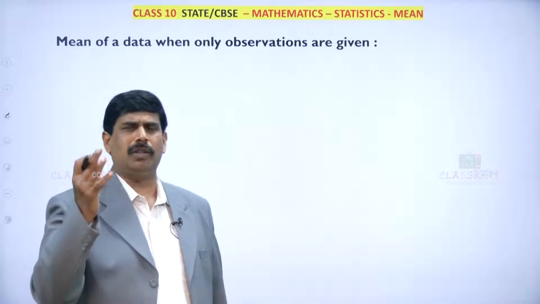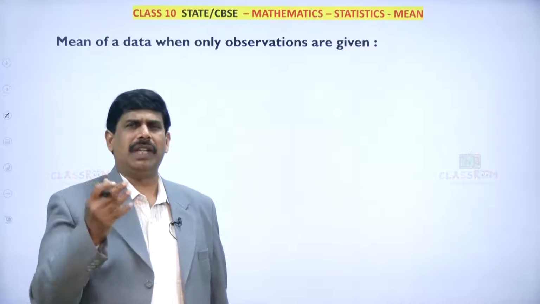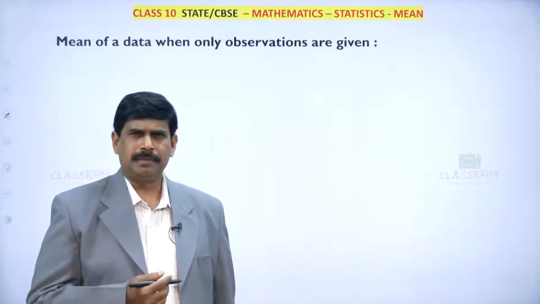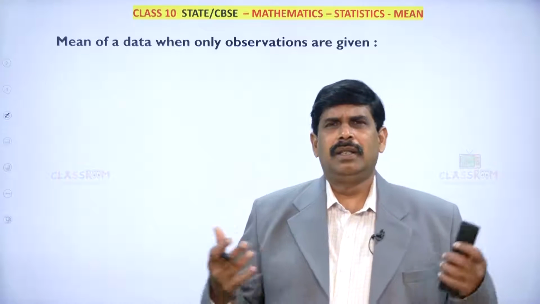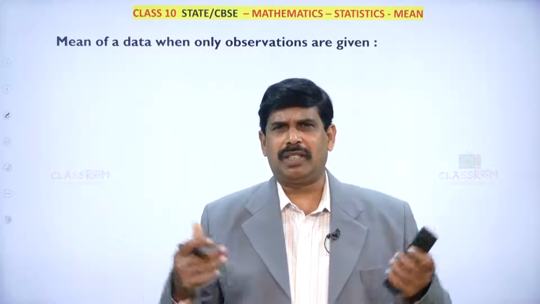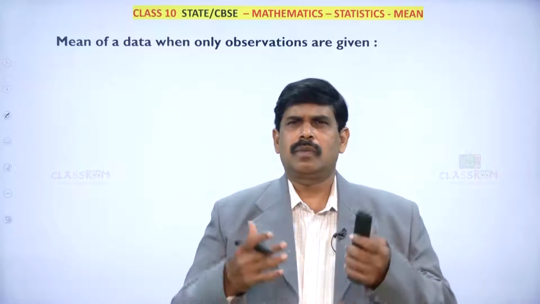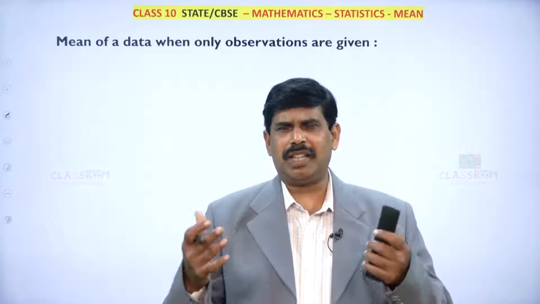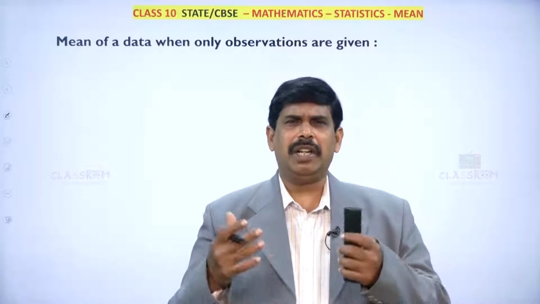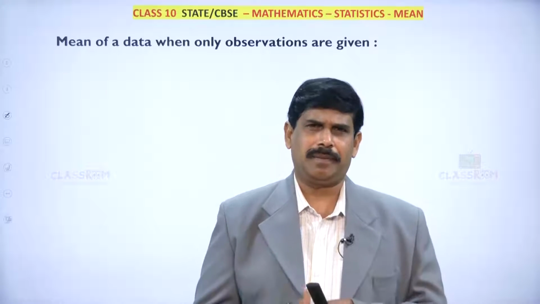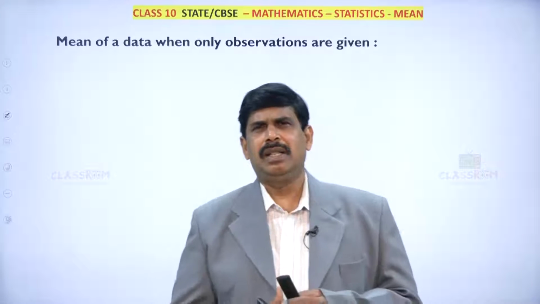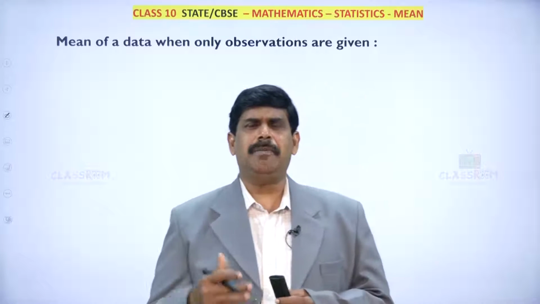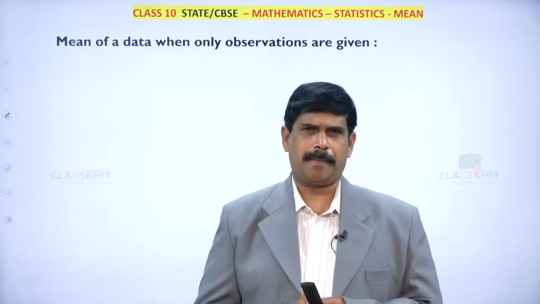Suppose some values are given, how do we get the mean of a data? You know you have 6 subjects. You have got your marks, say suppose. Out of these 6 subjects, if somebody asks you what is your average, what do you do? You add all the marks and that is divided by the number of subjects.